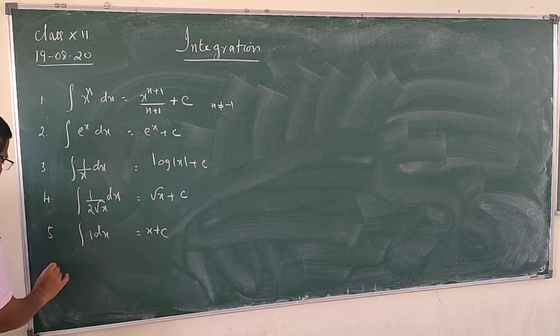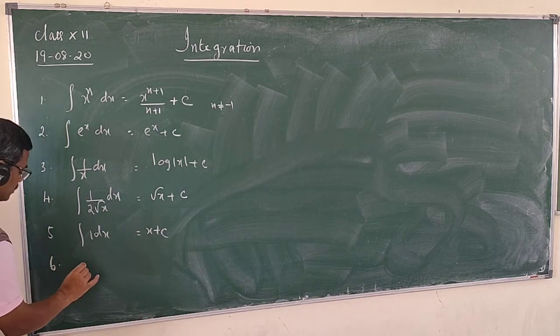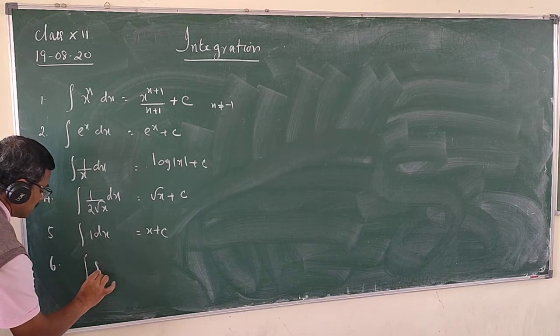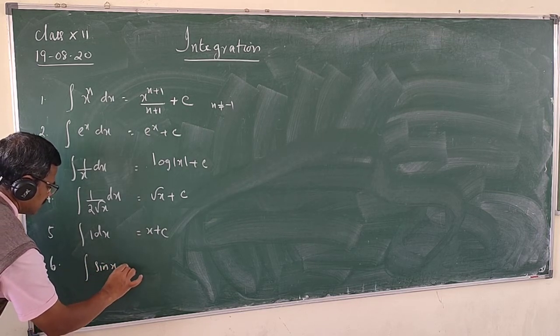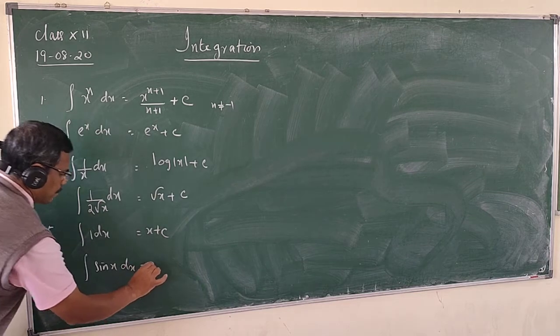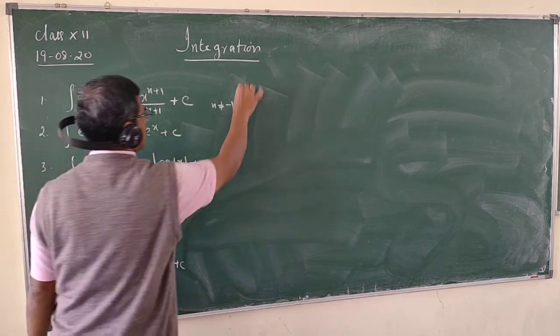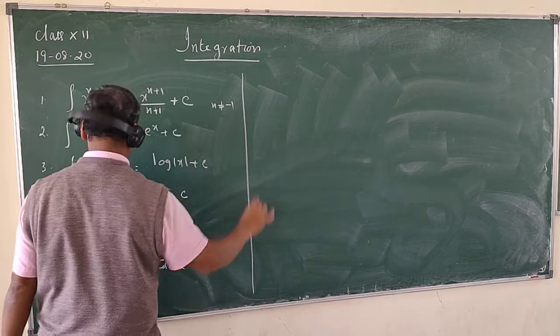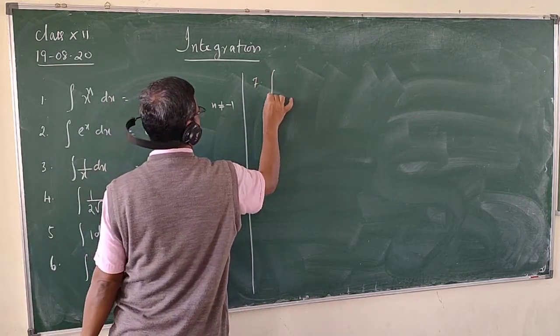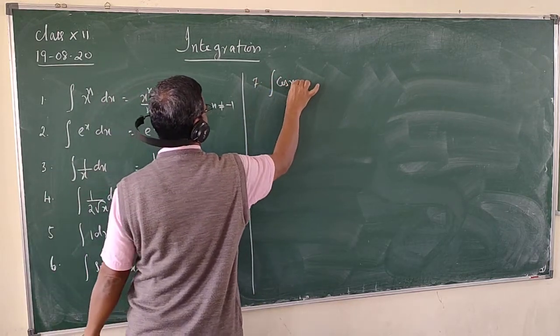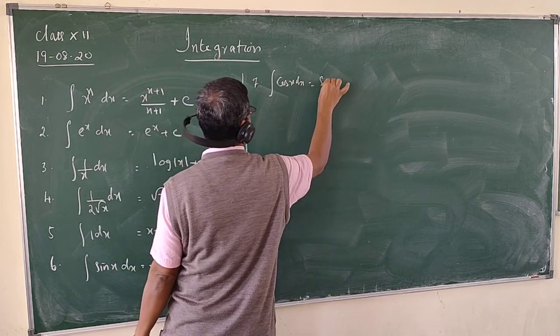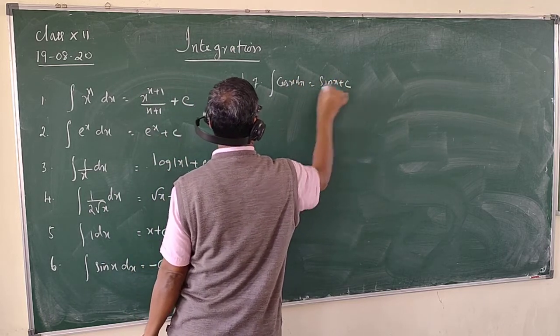Then the trigonometry functions. Integral of sin x is equal to minus cos x. And see the other one. Integral of cos x dx is equal to sin x plus c.